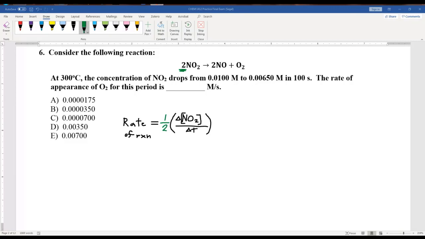So the change, and remember, change is always final minus initial. The final amount is going to be less than the initial amount, and that's going to make it negative, right? Just to emphasize that point, delta NO2, the change in concentration, is always the final concentration minus the initial concentration.